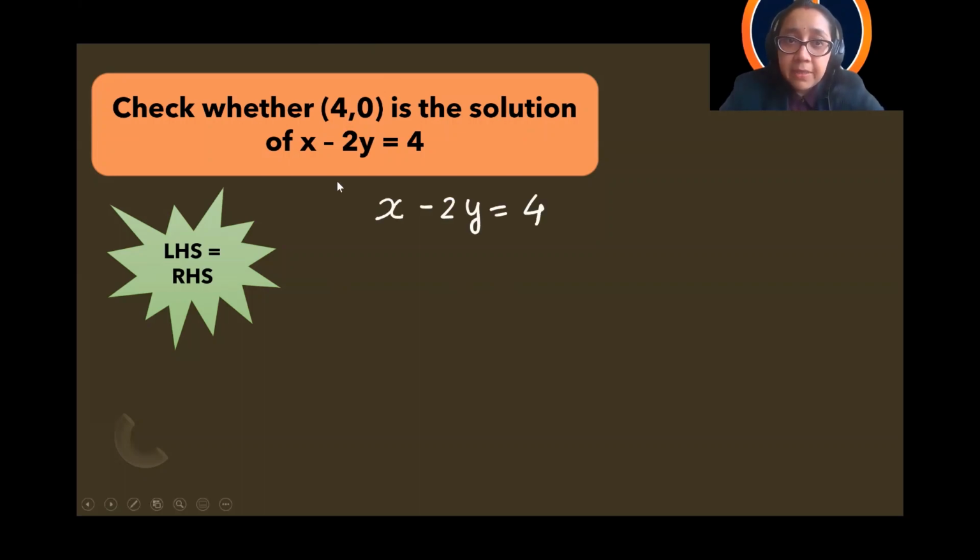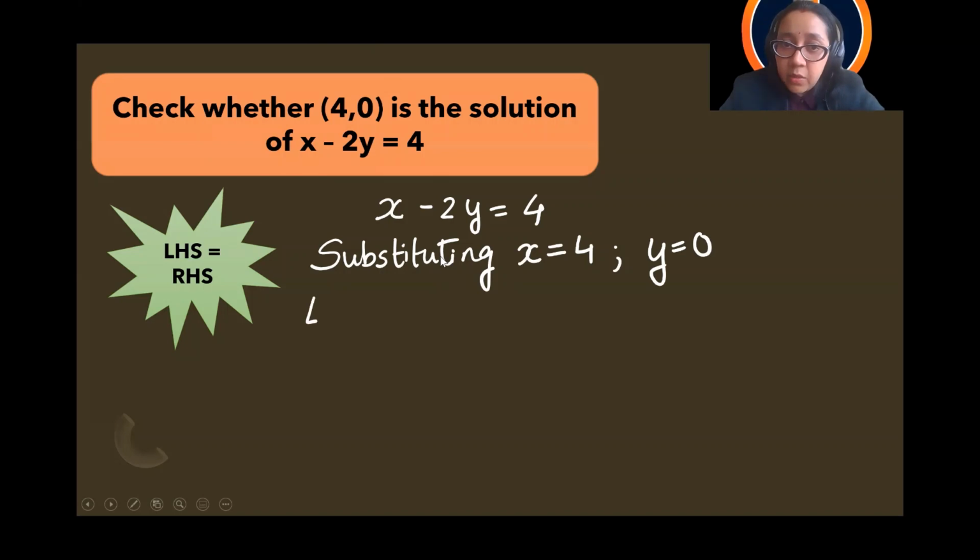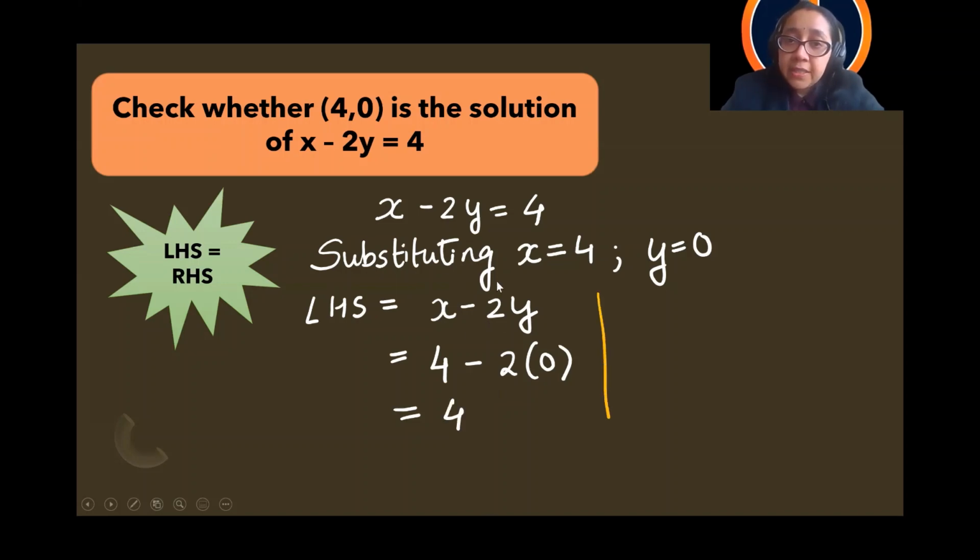Now rewrite the equation, x minus 2y equal to 4. Here we'll just substitute the value of x as 4 and y as 0. And hence LHS becomes 4 minus 2 times 0. What is 2 times 0? 0. So 4 minus 0 is equal to 4. So here we find LHS equal to 4.